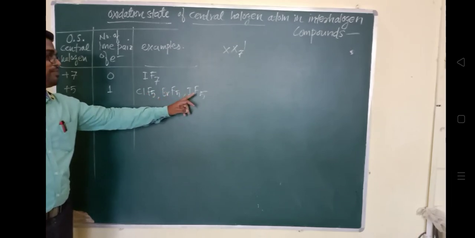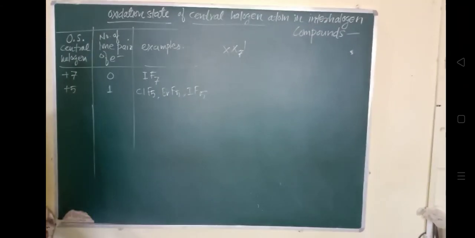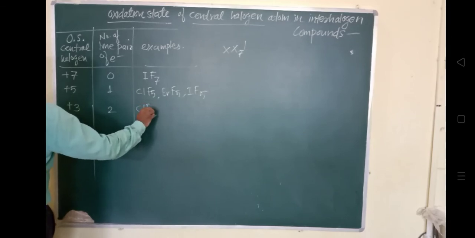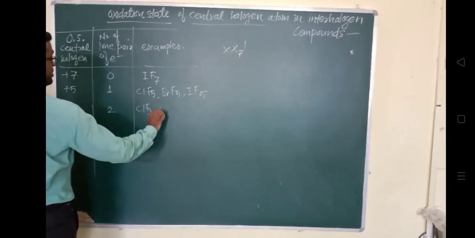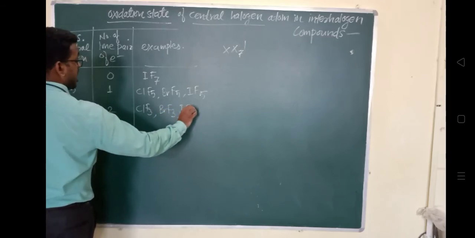The examples are ClF3, chlorine trifluoride, bromine trifluoride, then iodine trifluoride IF3, then I2Cl6, which has 2 iodine atoms and is a hexachloride. Here also the total lone pairs will be 2, and the oxidation state of iodine will be +3.